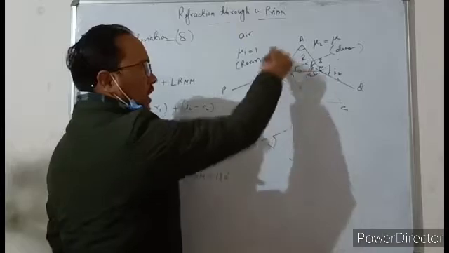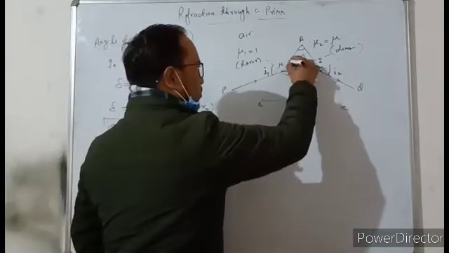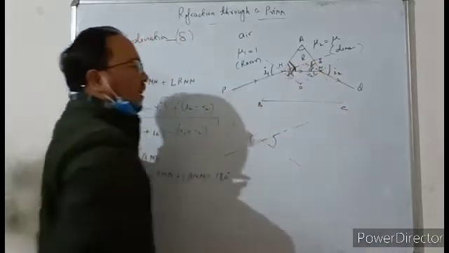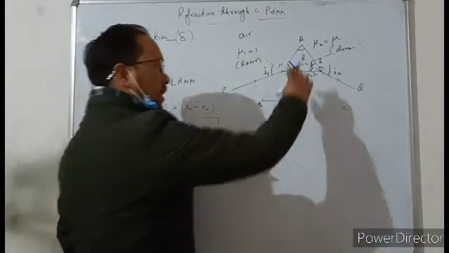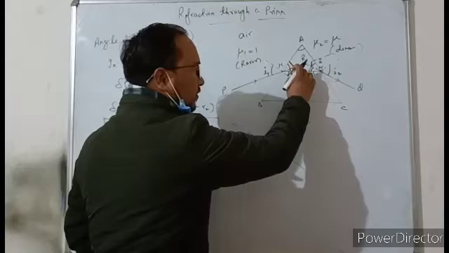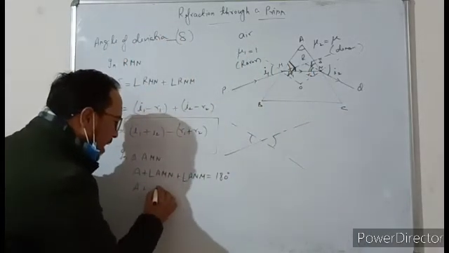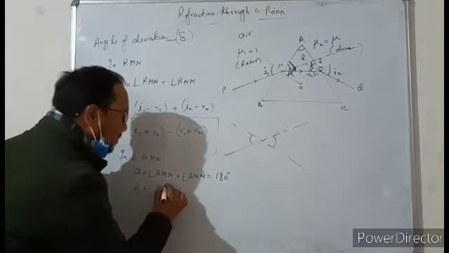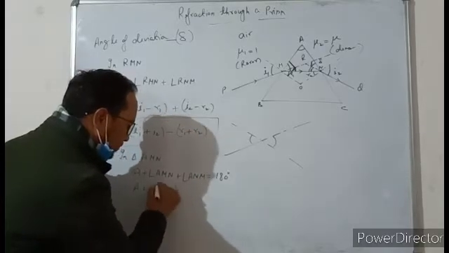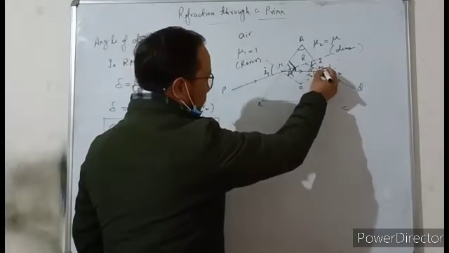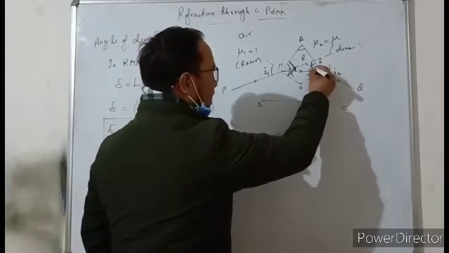This is the normal to that surface, so this whole angle is a right angle, 90 degrees, and here we have to find this angle, and this one is R1. So angle AMN becomes 90 minus R1, and similarly this is also normal, so this angle is 90 degrees.